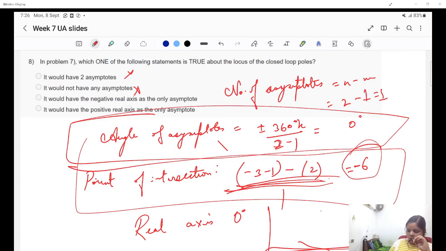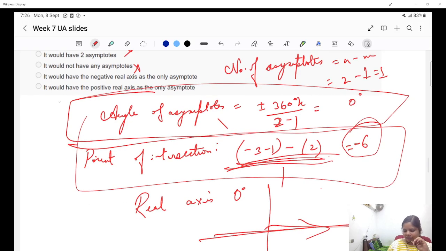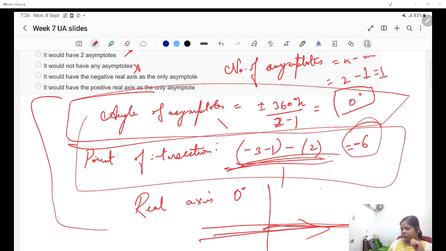But if I don't move to that step and I check here, is there something which comes out from the formula that helps us notice it? Or just saying that the angle of the asymptote is 0 degrees because it is along this direction should mean that the positive real axis is the asymptote.